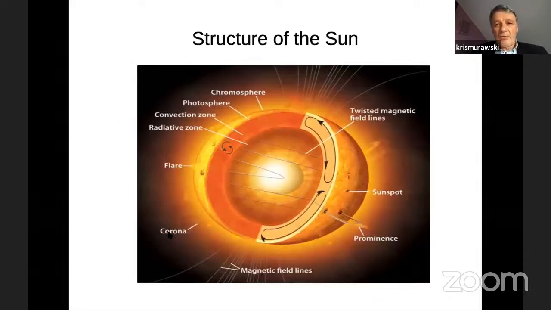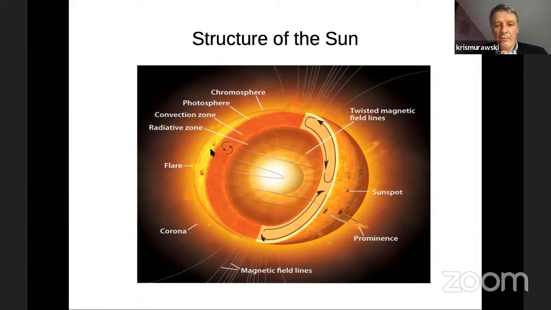As far as the structure of the sun is concerned, we know that the sun consists of a core, which occupies more or less a quarter of the solar radius. Then we have the radiation zone, convection zone, and finally we arrive at the solar atmosphere, which consists of three layers. The bottom layer of the atmosphere is called the photosphere.